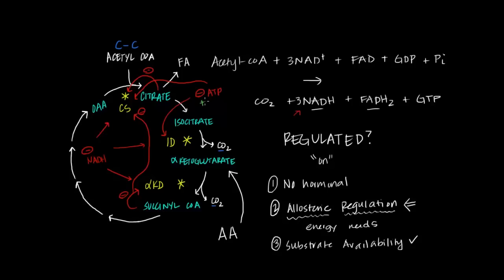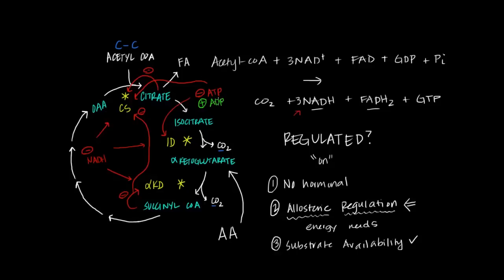The first allosteric activator that always comes to my mind is ADP. Remember that ATP is hydrolyzed by a water molecule into ADP and a free phosphate group. So if ADP levels accumulate in excess of ATP, then it's a sign that the cell is running out of its power.